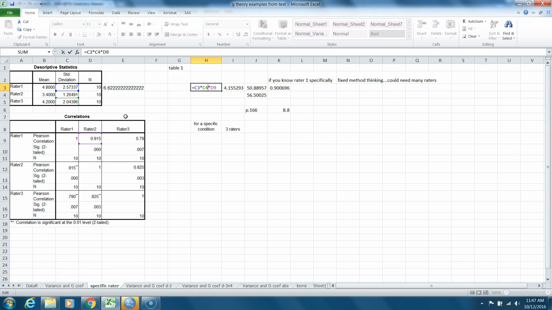For the second component in the numerator, we are taking the standard deviation of person 1, 2.57, and the standard deviation of person 2, 2.04, and how they correlate, 0.79. You can also see that in the text.